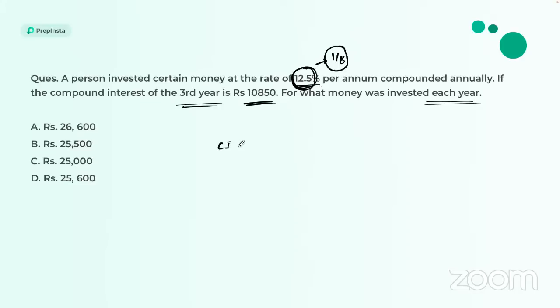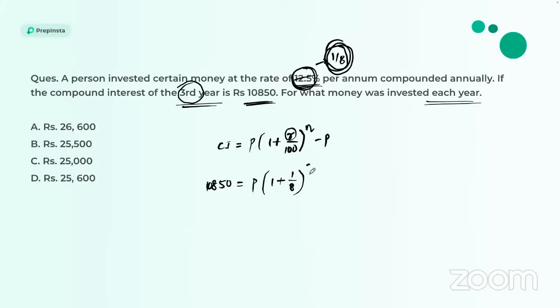The compound interest formula is P into (1 plus R by 100) whole power N minus P, right? Here 10,850 is given and the principal amount P we need to find, and 1 plus rate of interest is 12.5 divided by 100 means 1 by 8. Whenever you have this type of fractions, you need to quickly change them. And for 3 years, the N value is 3.